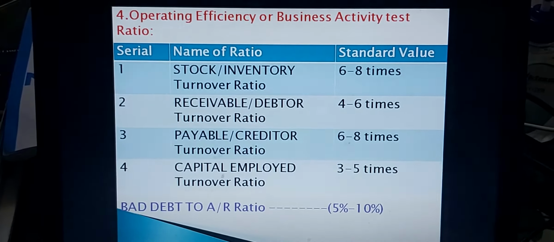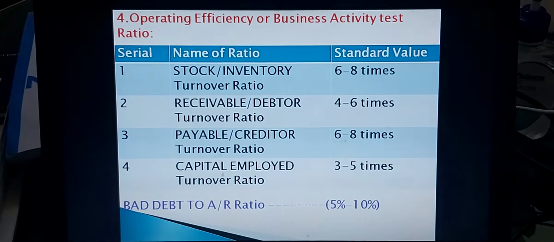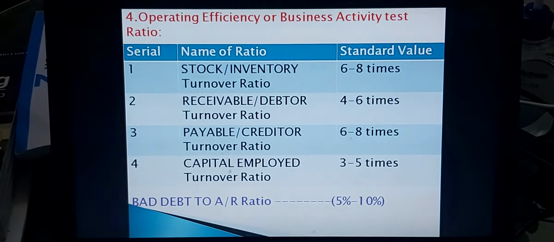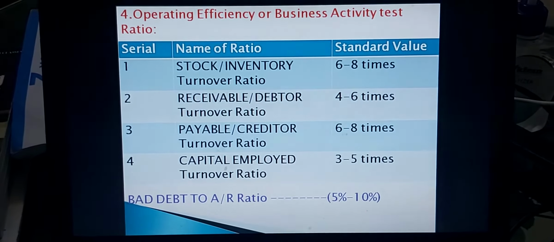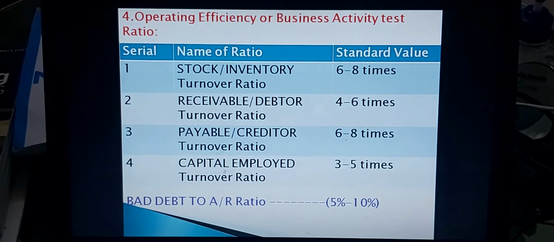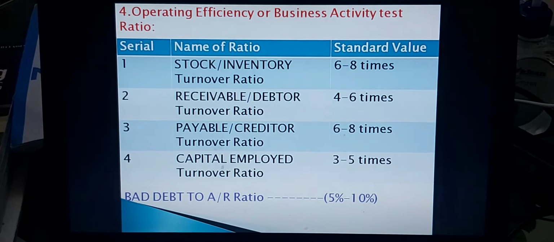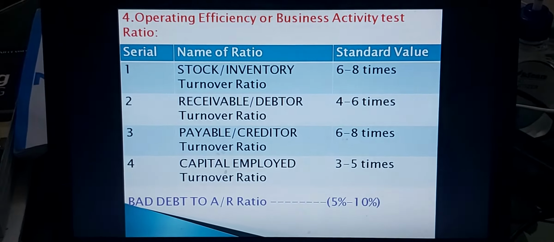Okay, fourth one, operating efficiency or business activity test ratio. In this category, total 4 ratios are available. Number 1, stock or inventory turnover ratio. Its standard value is 6 to 8 times. Number 2, receivable or debtors turnover ratio. Standard is 4 to 6 times.